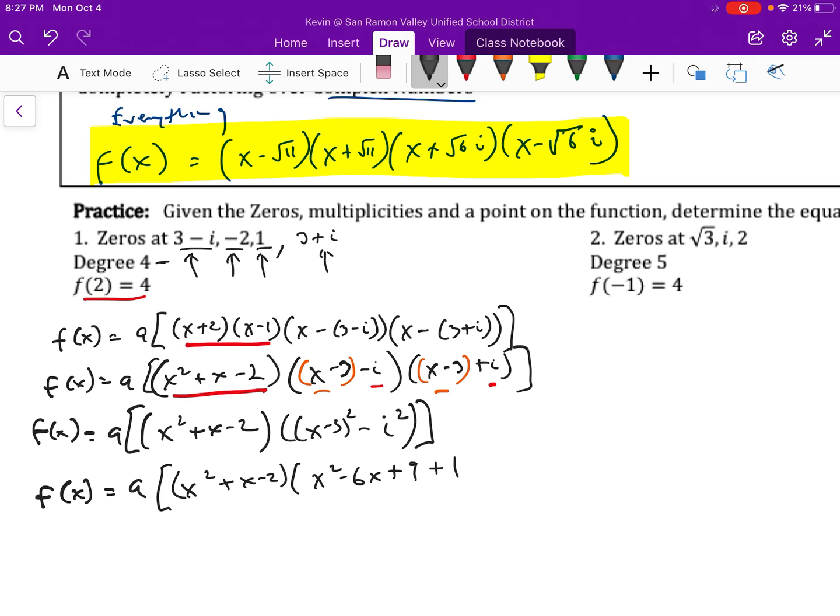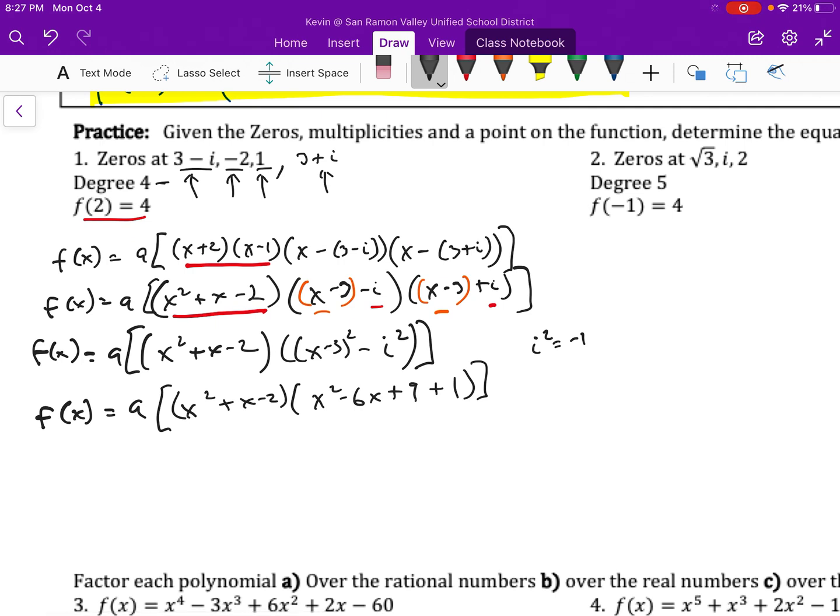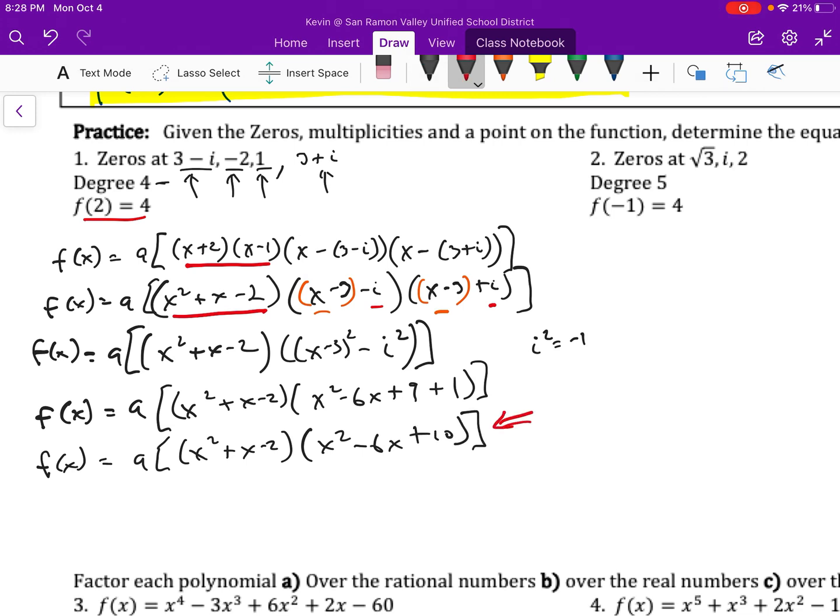And then this is going to be plus 1, because i squared equals negative 1, negative, negative 1, plus 1. All right. f of x equals a, x squared plus x minus 2, x squared minus 6x plus 10.